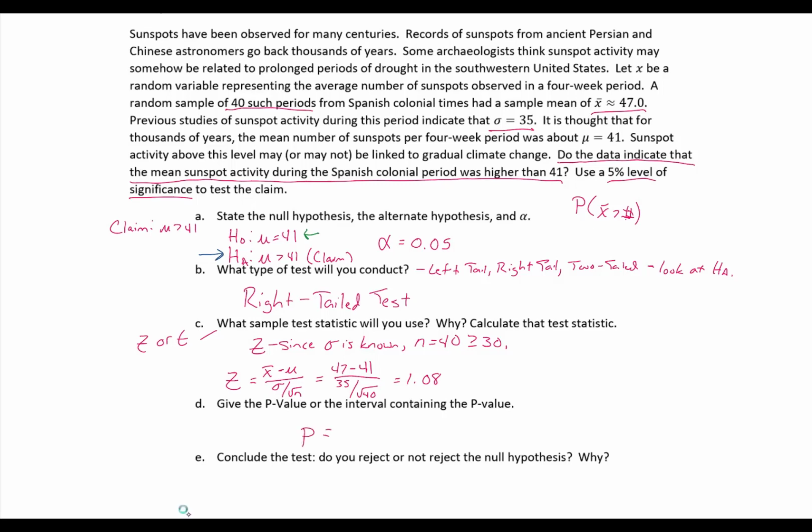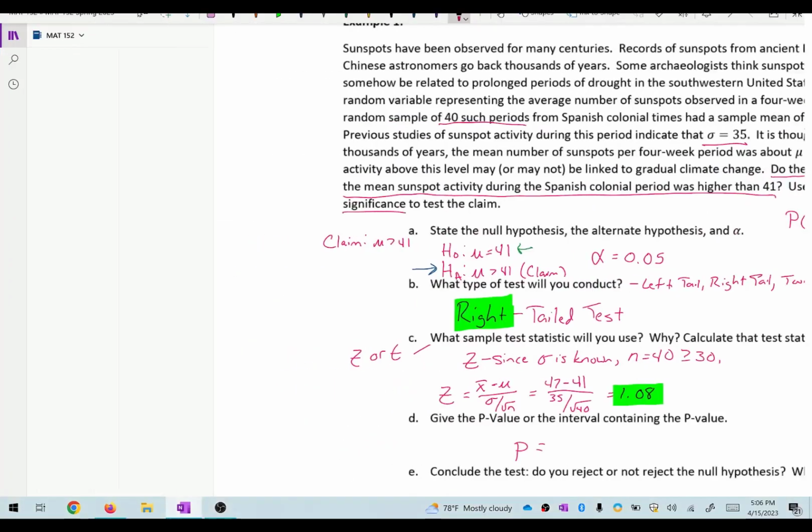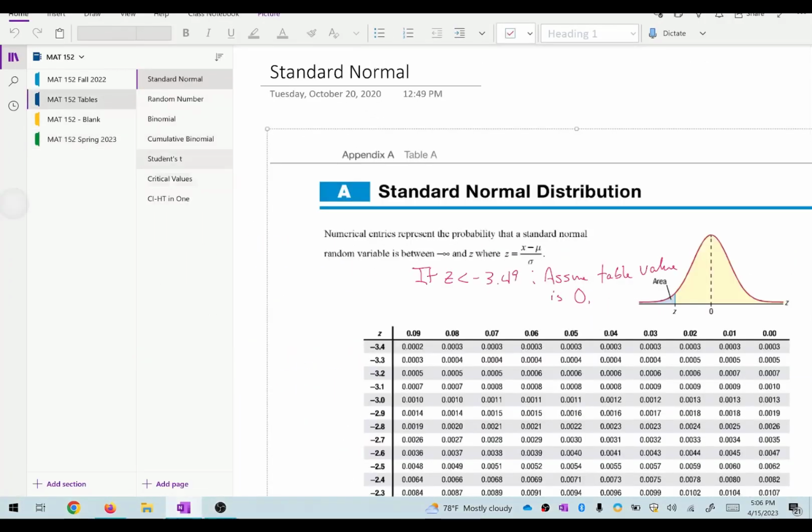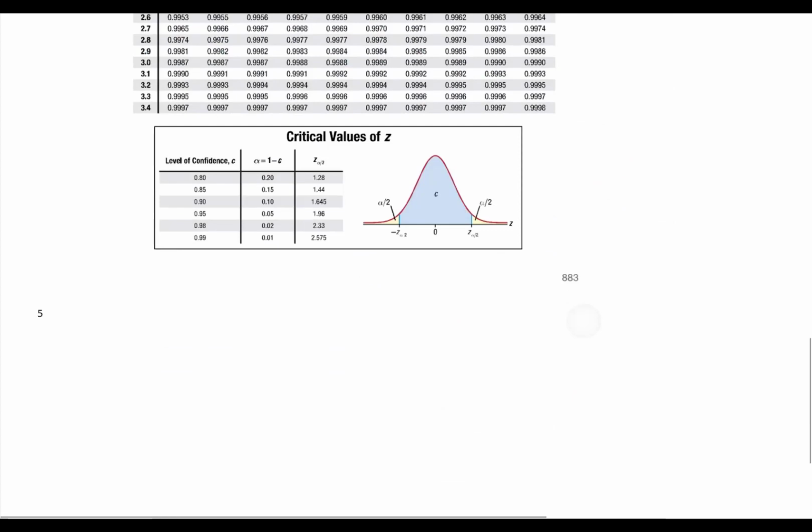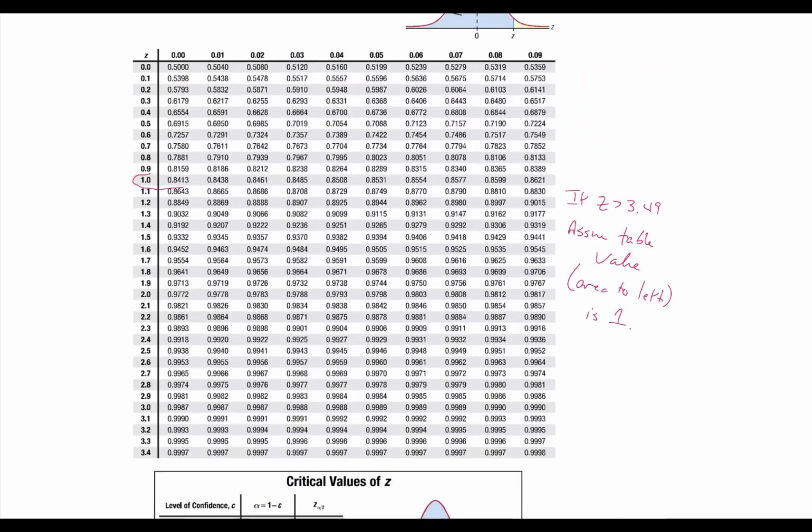To find this p-value, you're looking for the probability, or the area, to the right of your z-test statistic. How did we know it's right? Because we're doing a right-tailed test. So we're looking for the area to the right of z equaling 1.08 on our normal table. We look up 1.0 and 0.08 and find where they intersect.